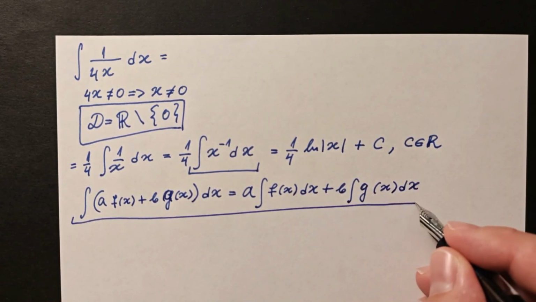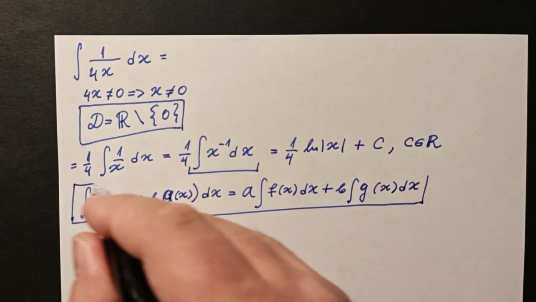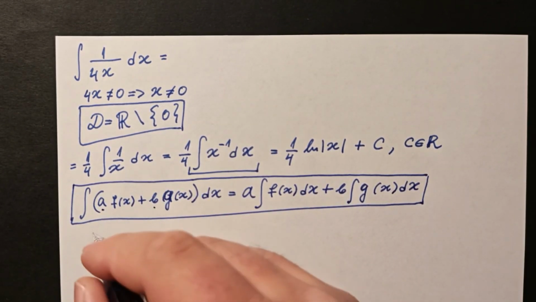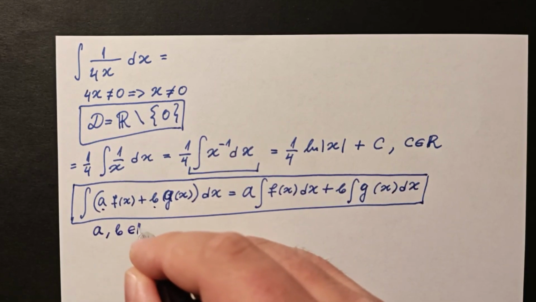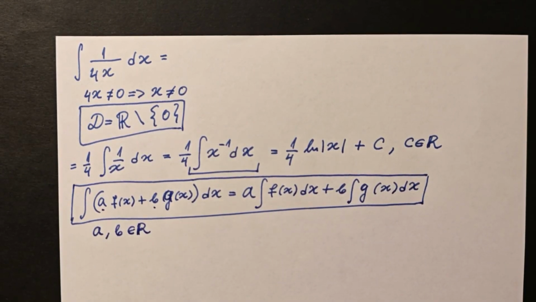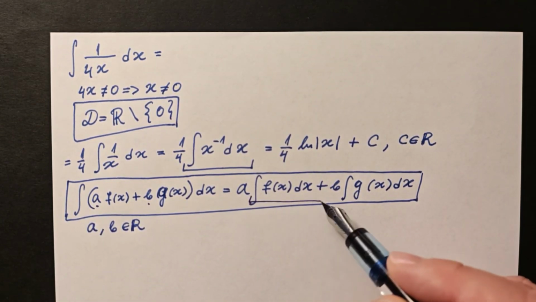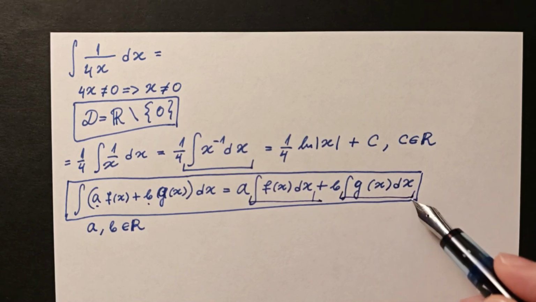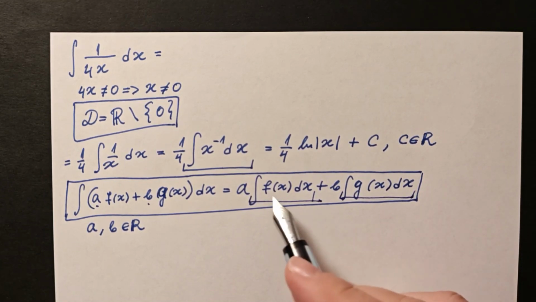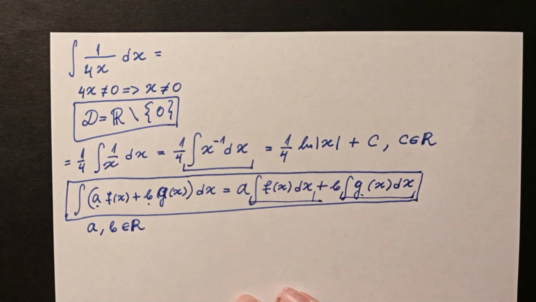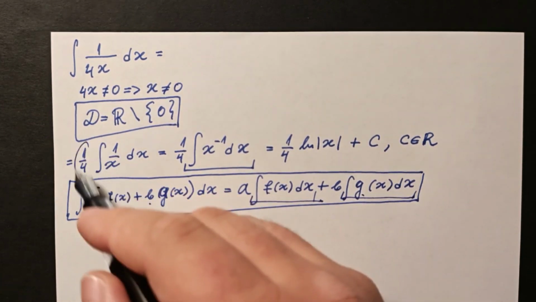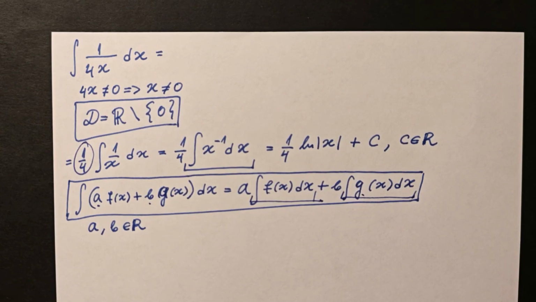This is the rule of linearity of an integral operator. These numbers a and b here are real numbers, they are real constants. And of course, when you use this rule, when you get these two integrals on the right side of the equation, now you just have to focus on solving these two integrals. So here, when I have pulled out this constant 1 over 4 in front of the sign of an integral, this rule of linearity for an integral is the one which I have applied.